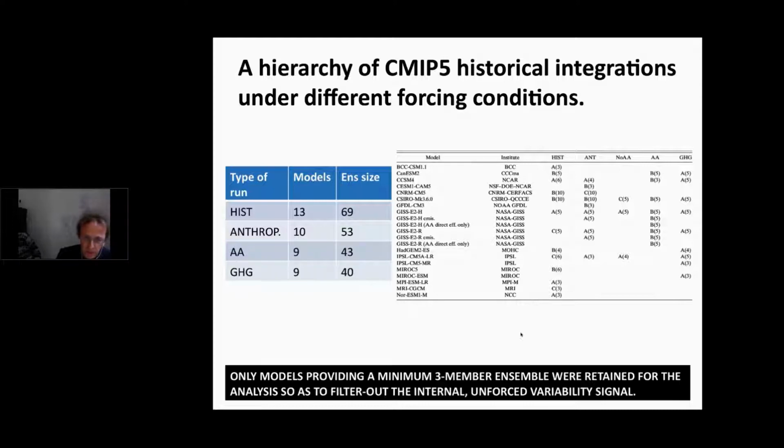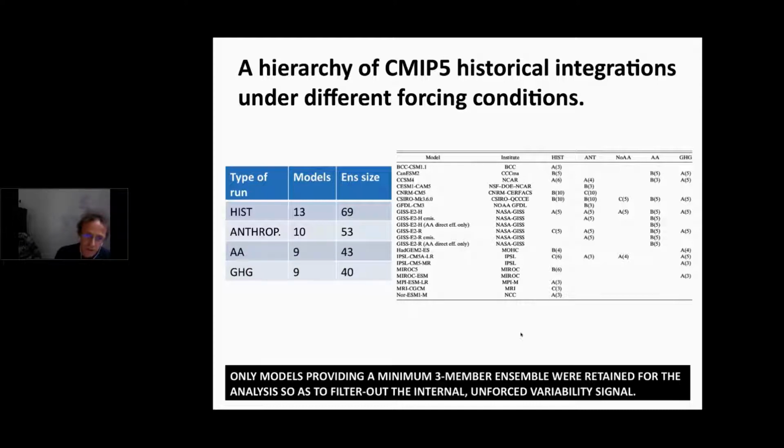It is important to remark here that because we wanted to focus on the forced component of the overall variability, basically we want to filter out the internal variability component, and for this reason we only used those models that had provided a minimum ensemble of 3 members of realizations of the historical climate.